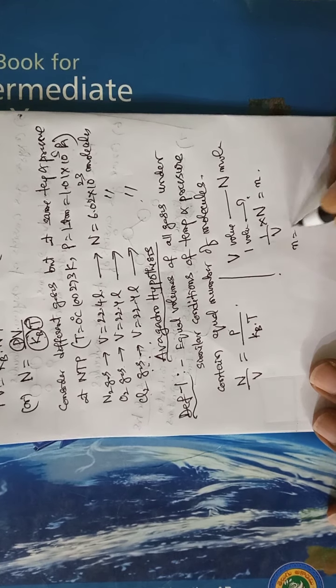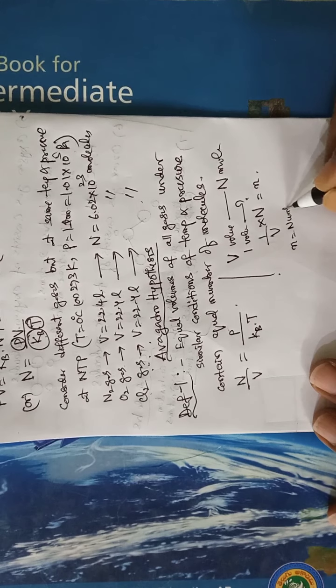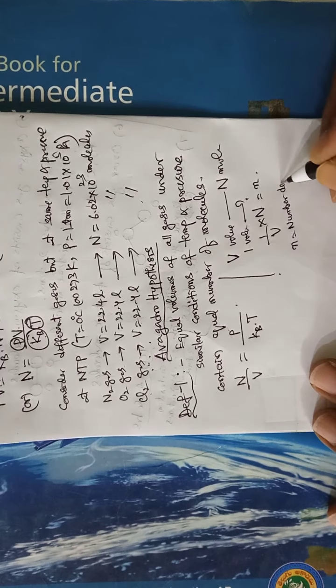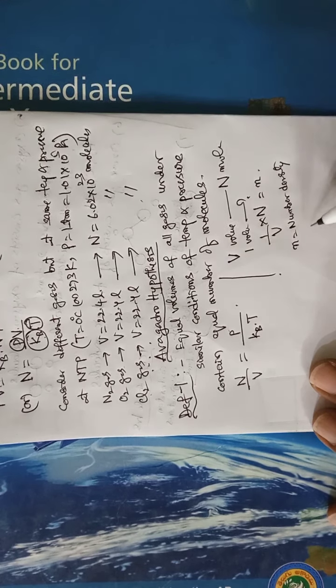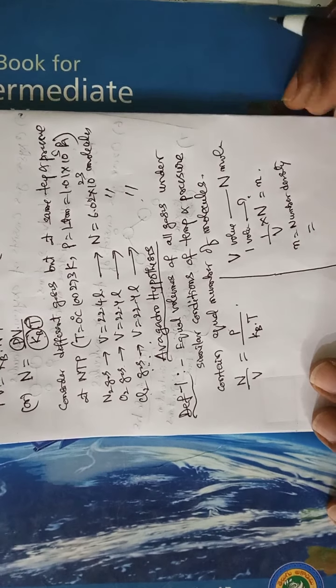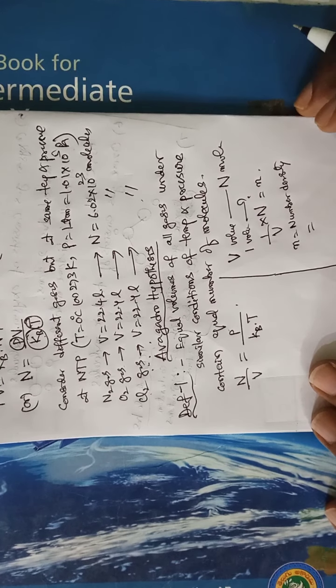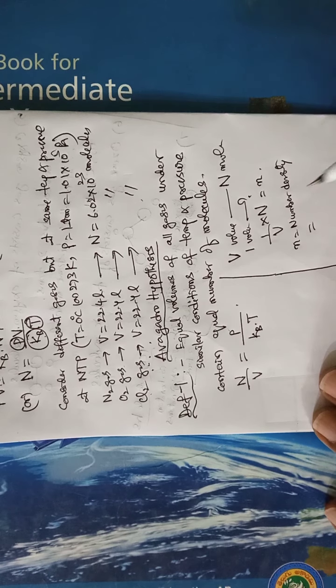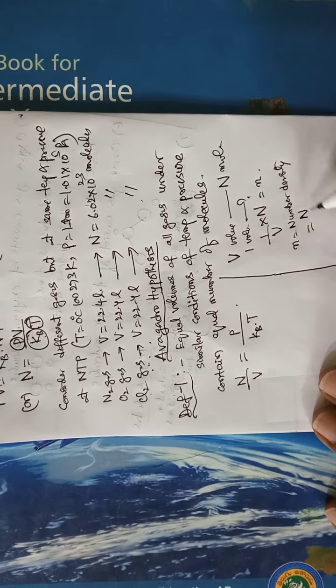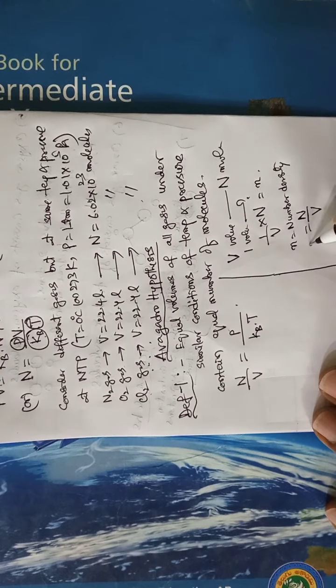So n means number density. Number density means number of molecules per unit volume, and that is equal to N by V.